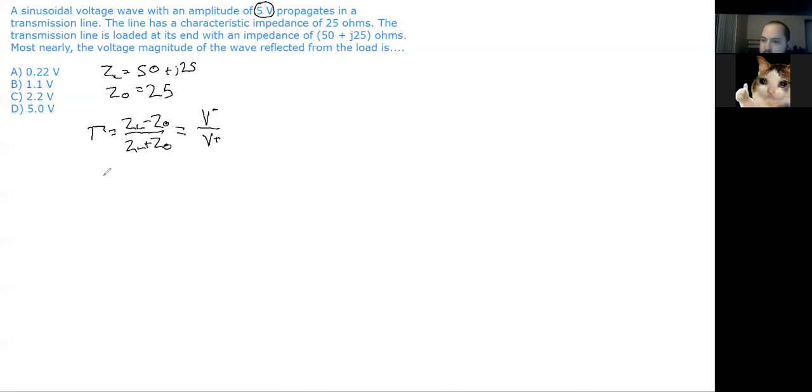So that means gamma is going to equal. Oh, scratch that. Never mind. Let me erase that. So V minus is going to equal V plus times gamma.